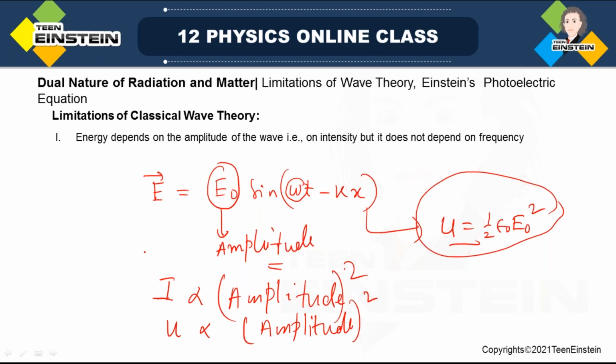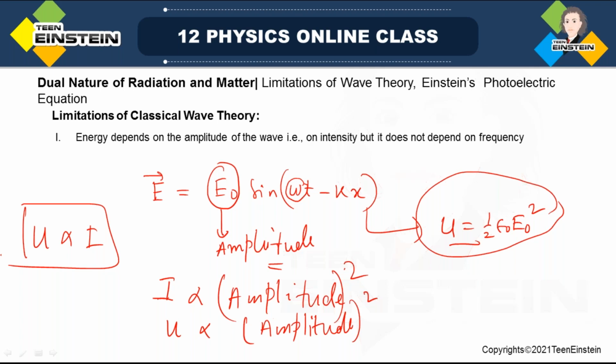Amplitude square. That means U is directly proportional to I, that is, the energy density of the electric vector, the energy density of the incident radiation, is directly proportional to the intensity of the light. So if this intensity increases, what would happen?